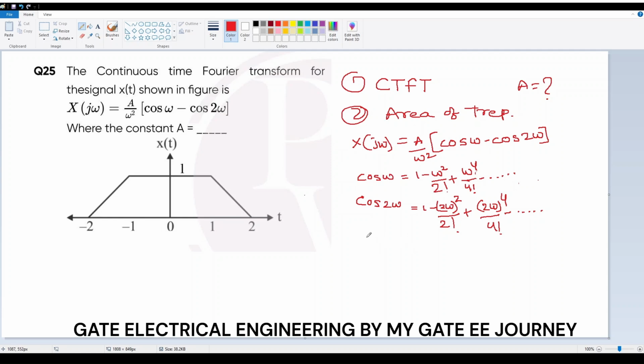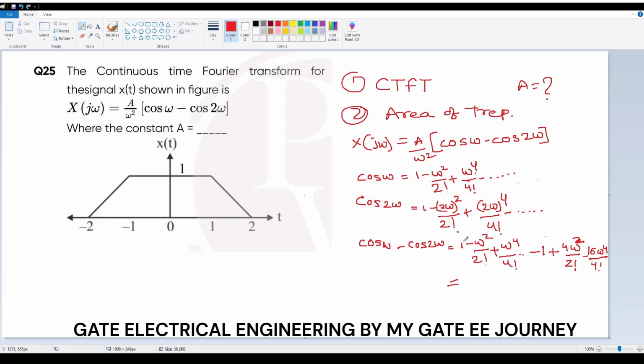Now, if we subtract, cos omega minus cos 2 omega is equal to 1 minus 1 plus 4 omega square by 2 factorial minus omega square by 2 factorial.